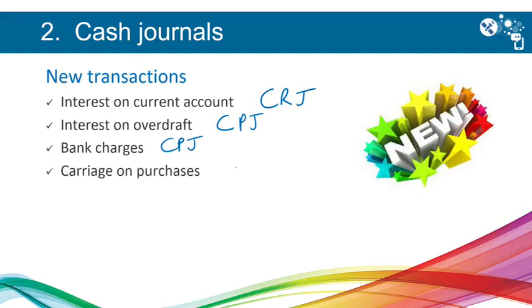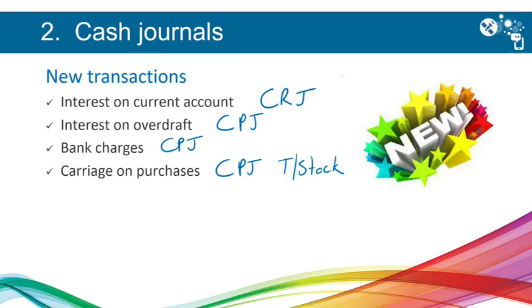Carriage on purchases, we pay, so it will be in the CPJ, but then we must remember we buy trading stock, then we pay for carriage of those stock to our business, purchases. So now we add it to trading stock.